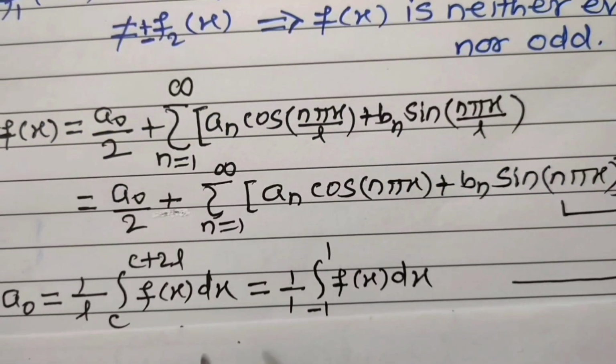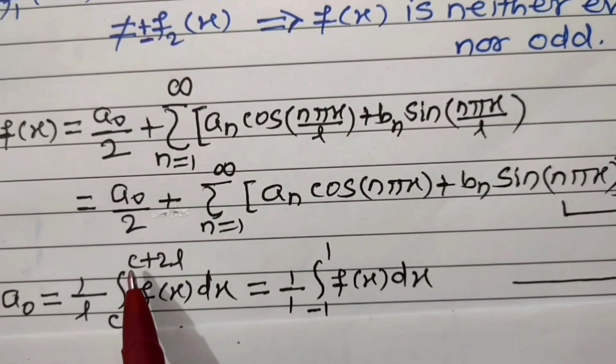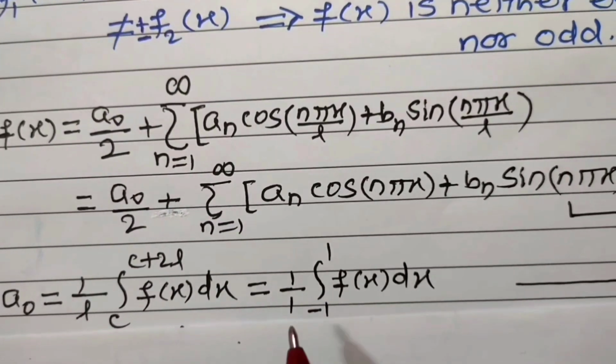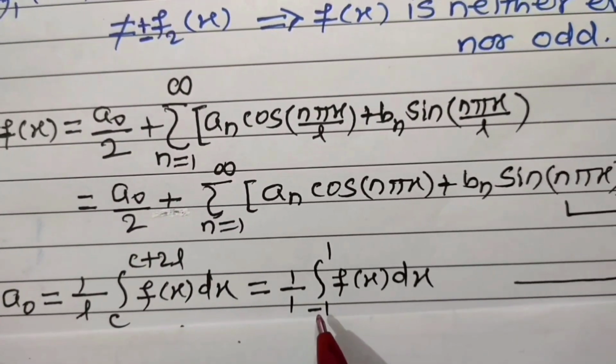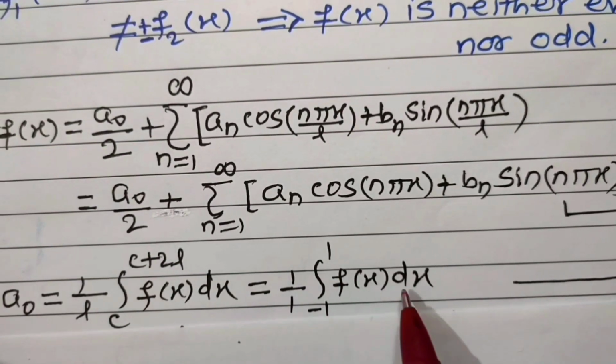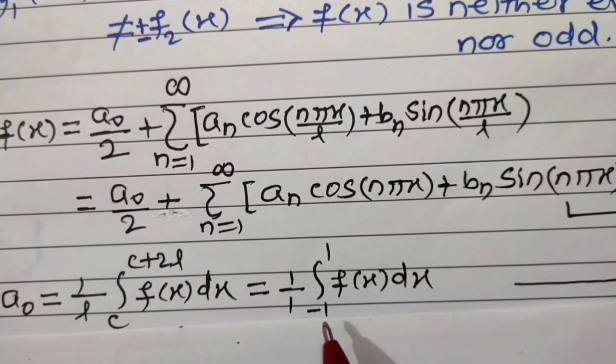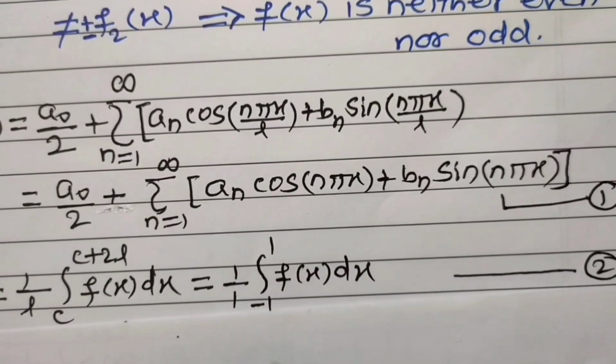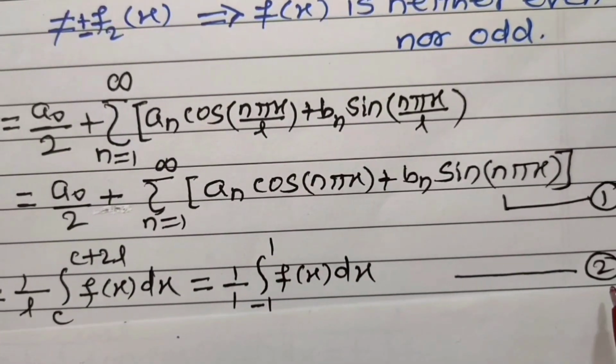Now this is the formula for a0. a0 is equal to 1 upon l integral from c to c plus 2l f of x dx, which is equal to 1 upon l integral from minus l to l f of x dx. But here l is 1, so 1 upon 1 integral from minus 1 to 1 f of x dx, and consider this as equation number 2.